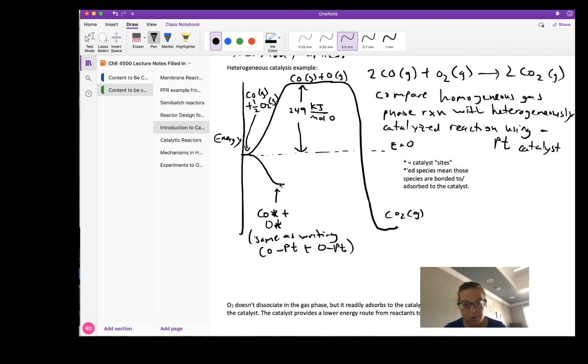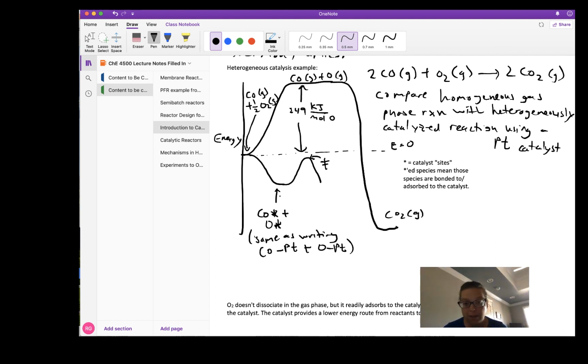So now we have adsorbed these two species to the catalyst, so now they will combine. And when they combine, there is an activation energy. I'm going to label this using the dagger symbol. The dagger symbol is often used to denote transition states, and the transition state is this location right here on the energy diagram.